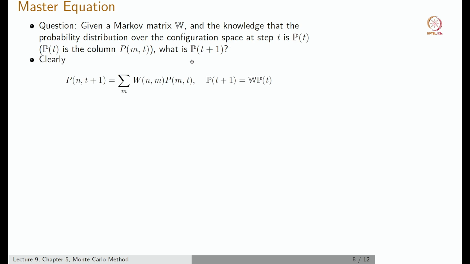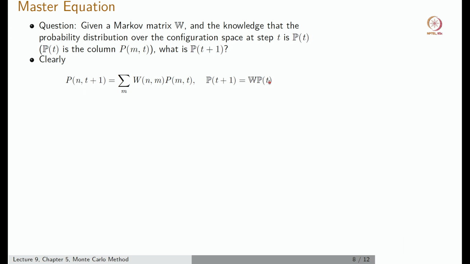It turns out that it is actually very straightforward to calculate. You will see that P_n(t+1) is whatever was the probability of state m, that just gets added up to state n by this weight, and P(t+1) is simply the matrix W acting on P(t).